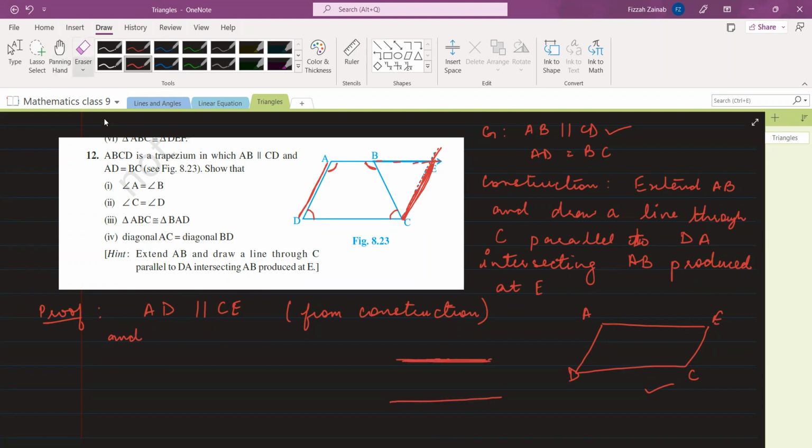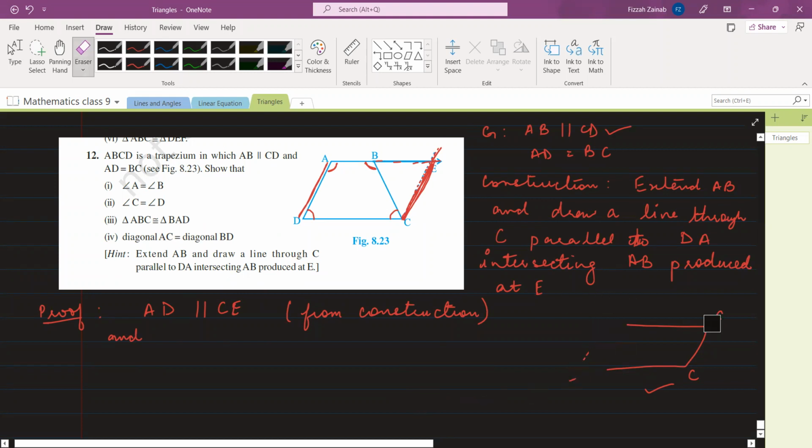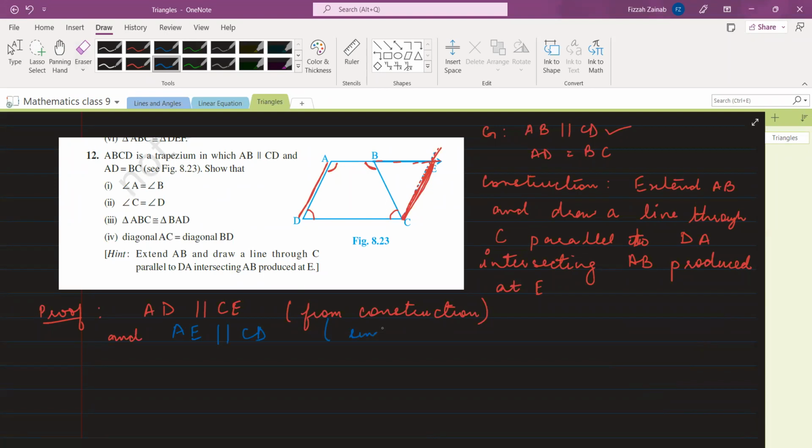I'm just extending it. So I can say that your complete AE is parallel to CD. Why? Since AB is parallel to CD. Only AB was parallel to CD, and I have just extended it. So that means this AE is also parallel to CD. Clear?